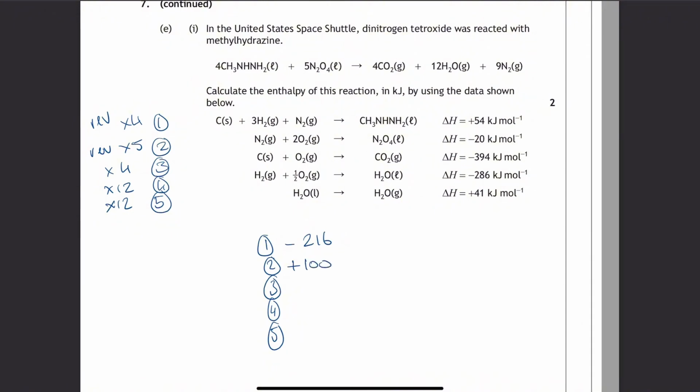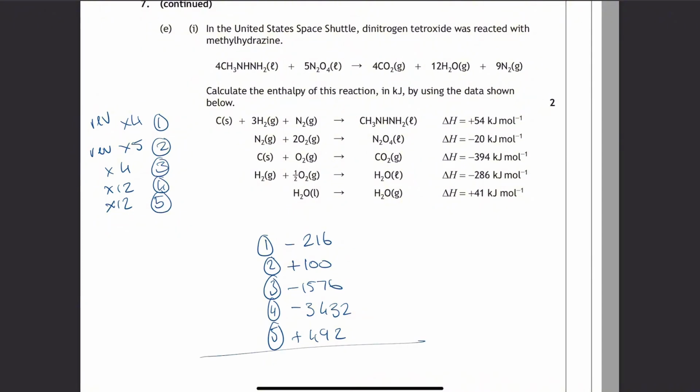Number 3, we need to times that enthalpy by 4. So 4 times minus 394 is minus 1576. Then 12 times negative 286 is minus 3432. And then 12 times 41 is plus 492.